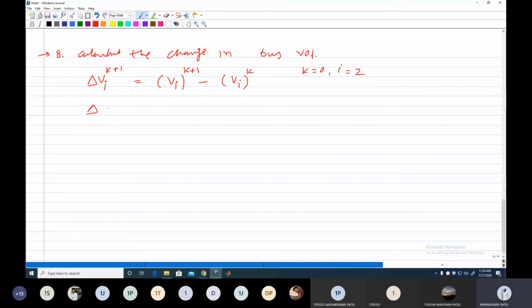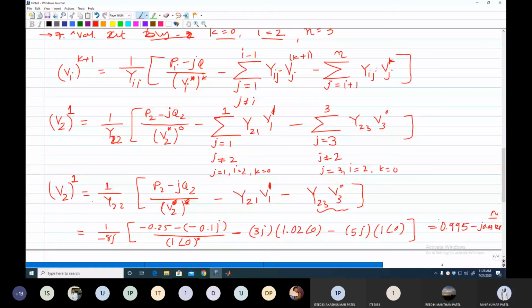So we will get the change in bus voltage 2 at iteration number 1 equal to V2 1 minus V2 0. What is the value of V2 1? You have calculated it over here. This is the value of bus voltage 2 after the first iteration.